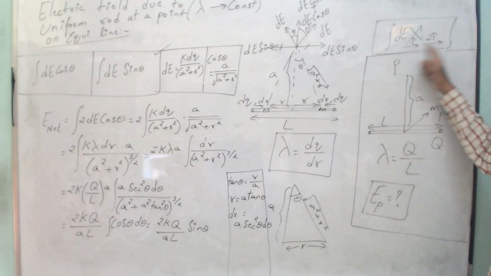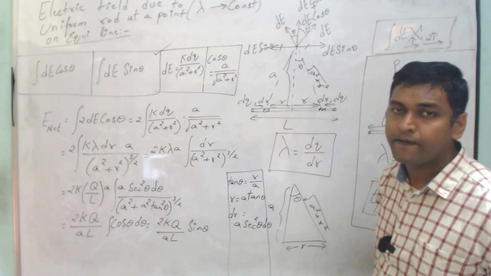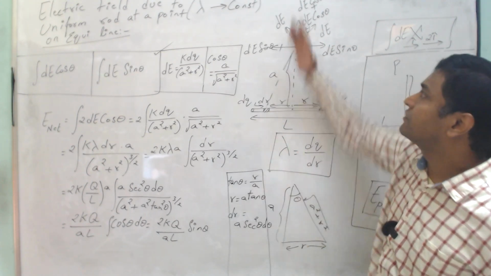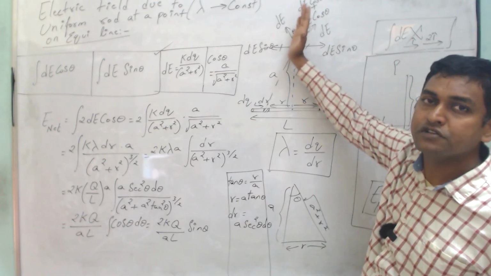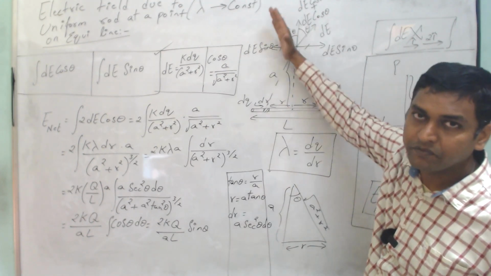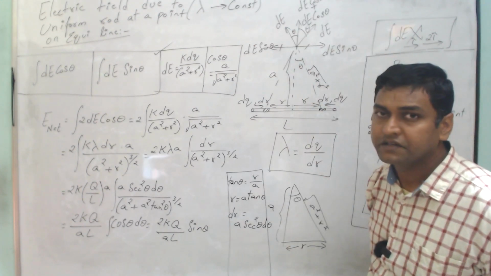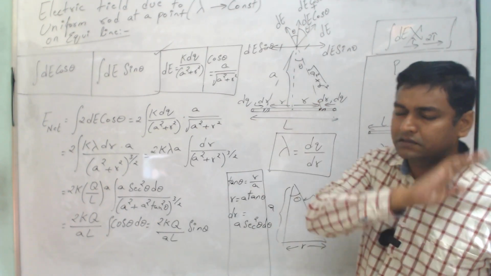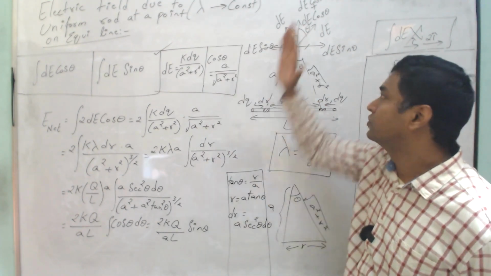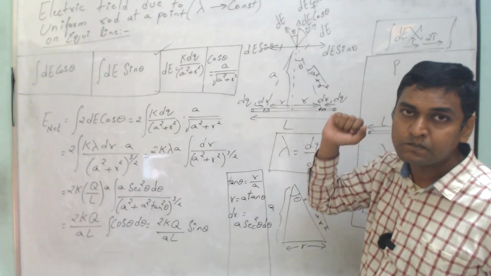Yes, i plus 2i is 3i, scalar addition. Therefore, to fix the directions, I have taken the components of this vector, dE cos theta and dE sin theta. You can take this angle as theta, or that angle as theta. That is your choice. The only thing that you need to remember is to take the components.